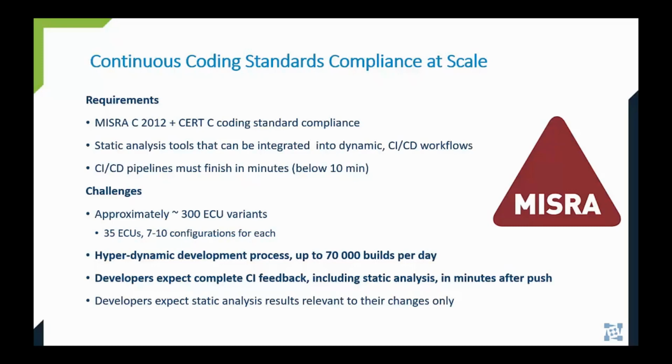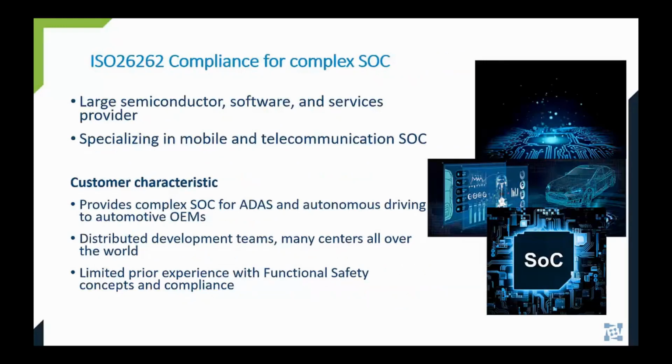So the CI bandwidth automatically scales up and down depending on their current needs, providing them colossal flexibility. And the second interesting example I would like to share is a semiconductor software and services provider.